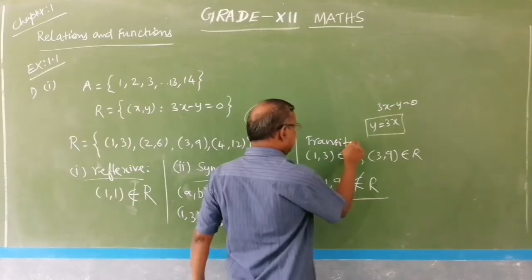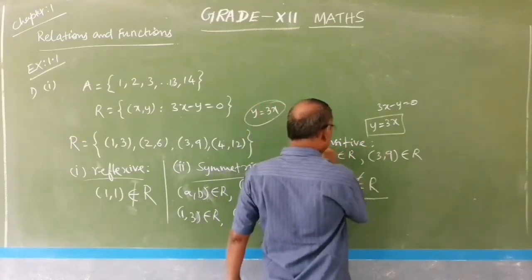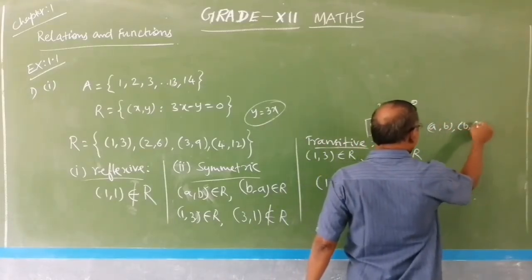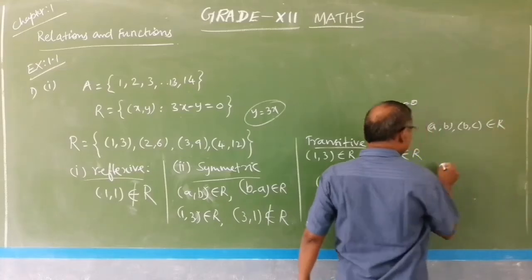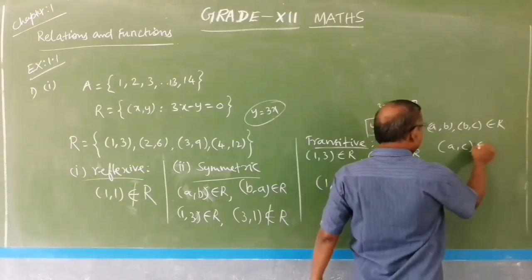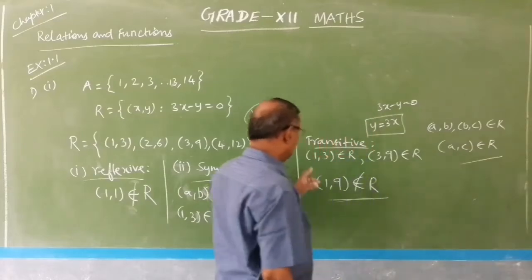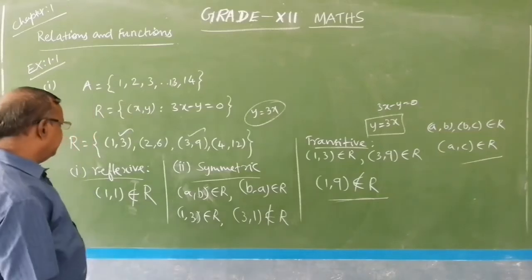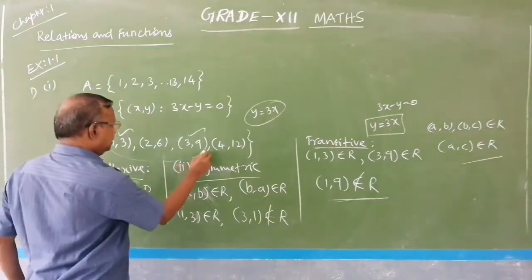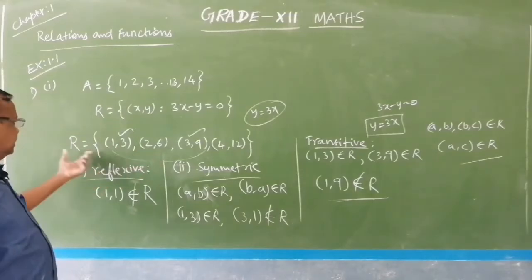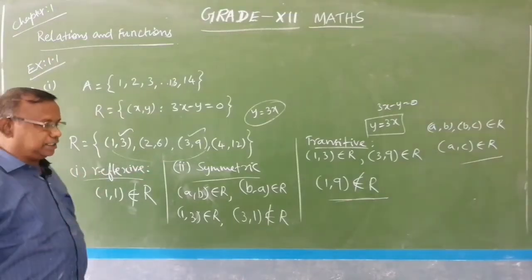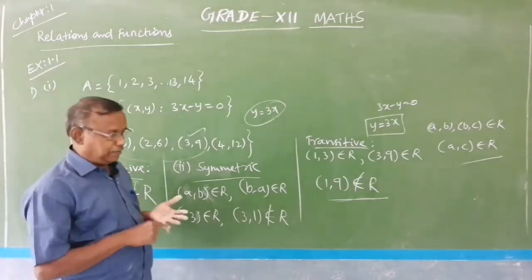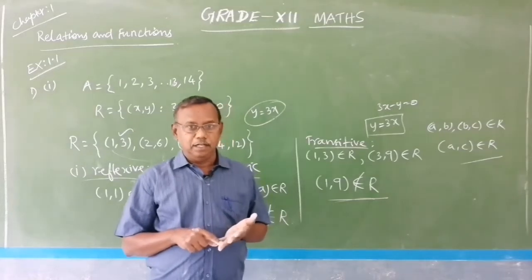For a transitive relation, if a comma b and b comma c are elements of R, there should exist a comma c in the relation R. But here 1 comma 3 is an element of R, 3 comma 9 is also an element of R, and there is no pair 1 comma 9 in R, therefore it is not transitive. Therefore the relation R in the set A is neither reflexive, nor symmetric, nor transitive.